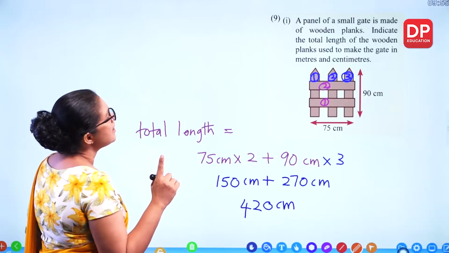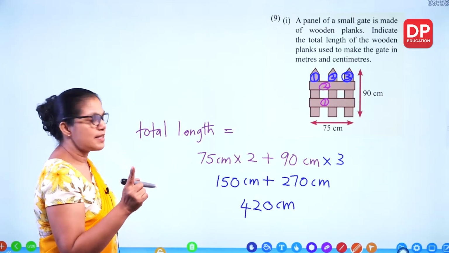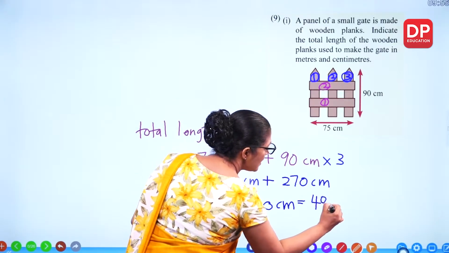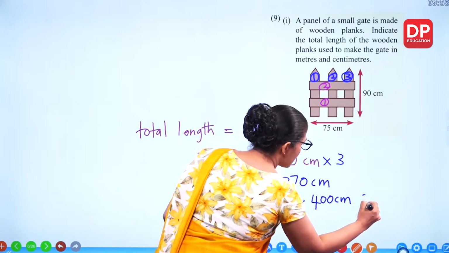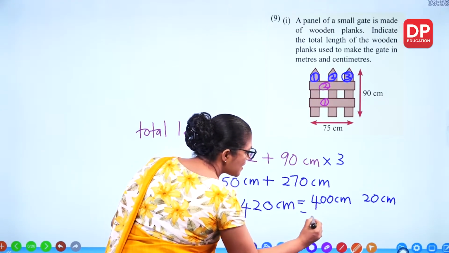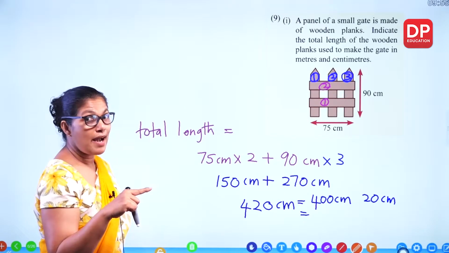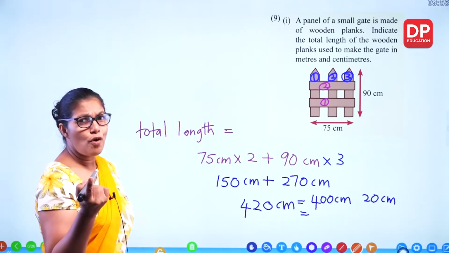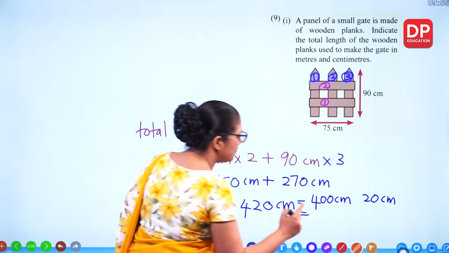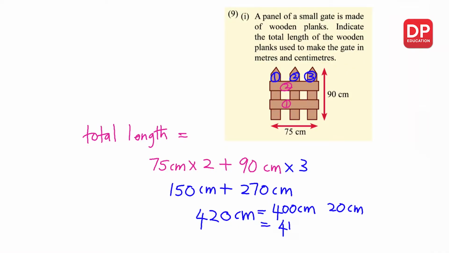You have to write this in meters and centimeters. So I can split this to 400 centimeters and 20 centimeters. 400 centimeters, I can divide by 100 and write down 4 meters because 100 centimeters is 1 meter. So 4 meters and 20 centimeters length.